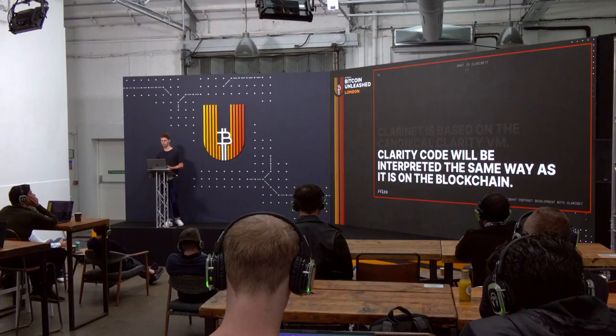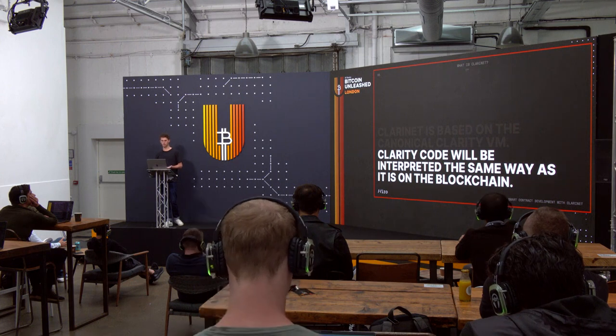We call it the Clarity VM. This is very important for us because it means that whatever you do locally, you can expect it to work the exact same way once you deploy on the blockchain. This has been true since Clarinet V1, which I released about a year ago. Also, we will release Clarinet V2 about next week, I believe.